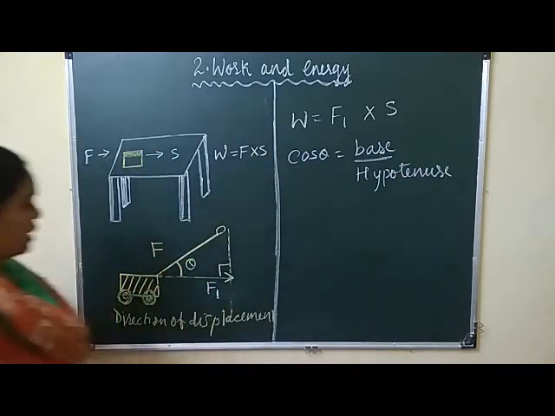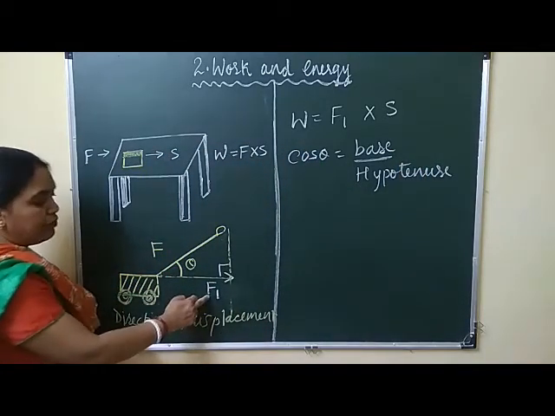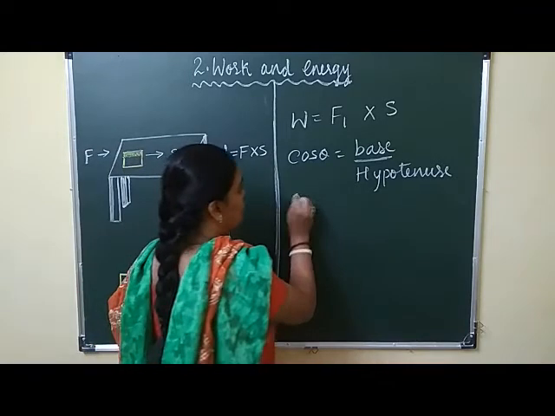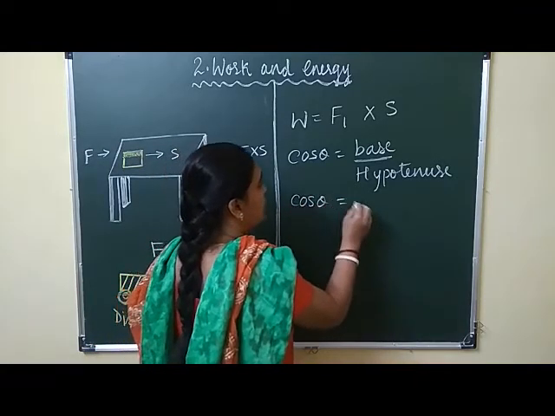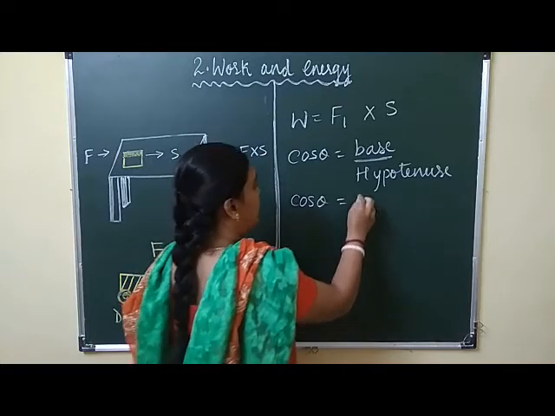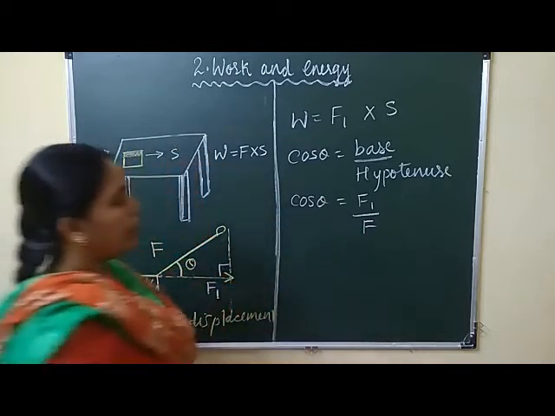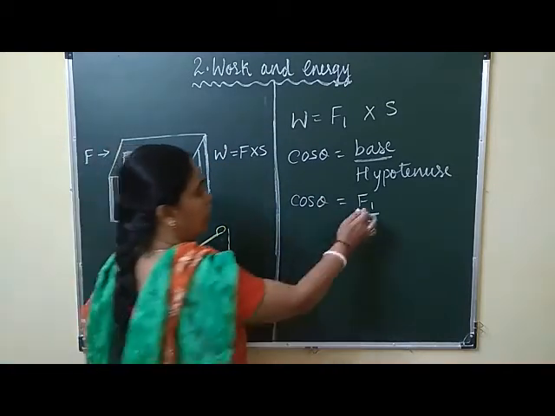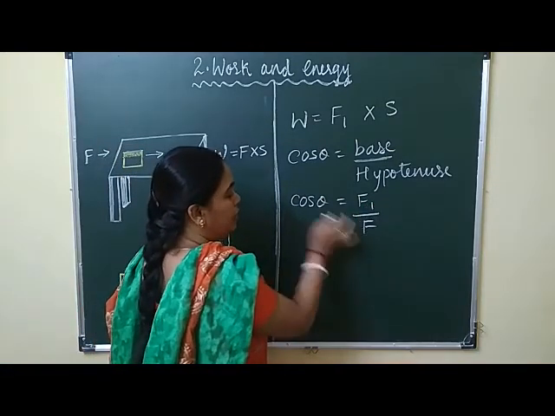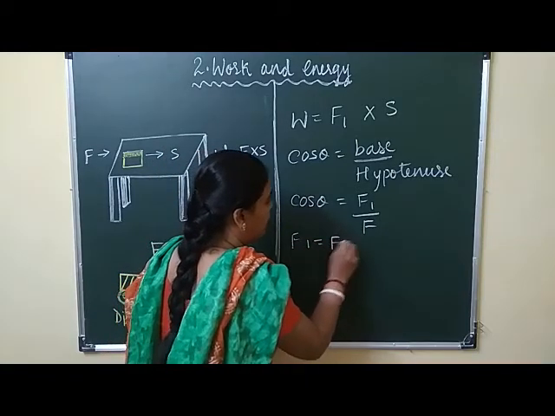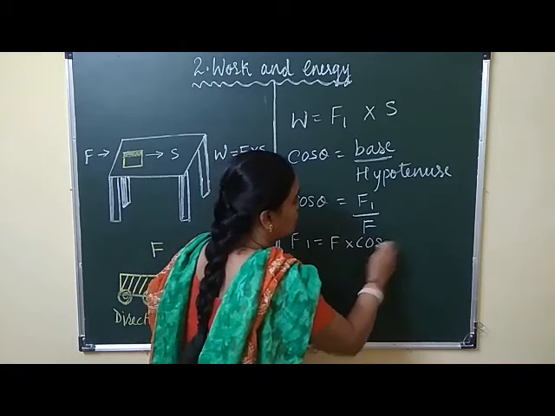You can see in the diagram, base is F1, hypotenuse is F. So cos theta is equal to F1 upon F. Now we have to find out F1. We cross multiply. So F1 is equal to F into cos theta.